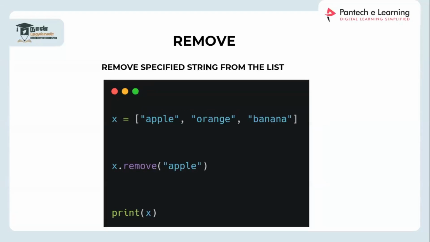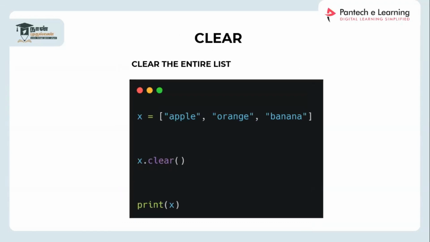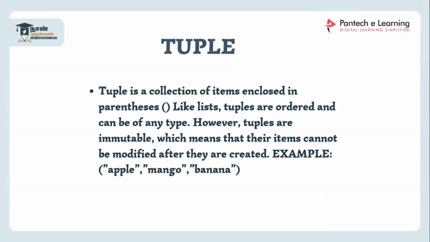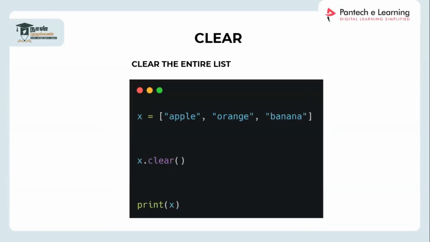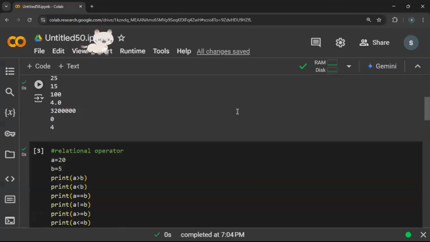Remove is used to remove a particular item. Pop removes an item by mentioning its index value. Clear means we can clear the entire list. This is the overall list concept. Now we are going to see an example for this list concept.